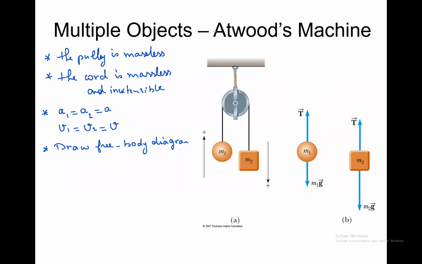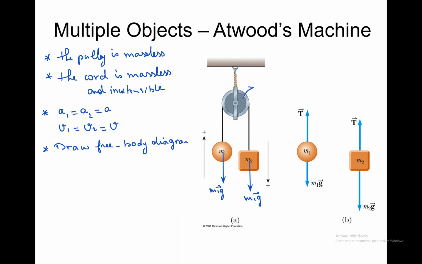Here we have for M1 the weight M1g, and here we have the weight of M2, M2g. We have a cord here.